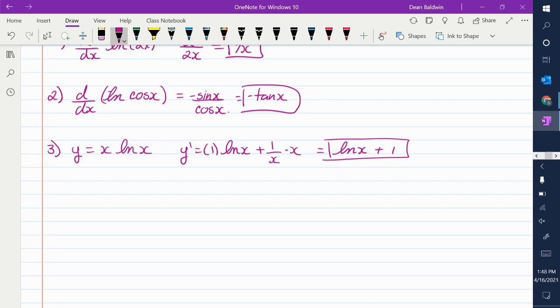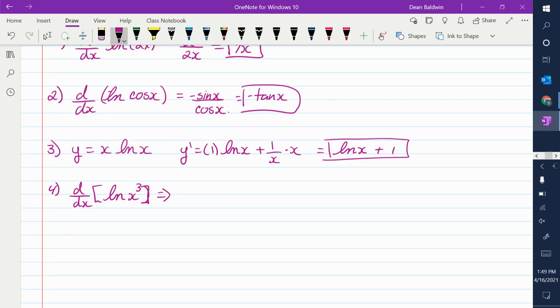Okay. So you can make your life easier too using the log rules. If I ask you for the derivative of natural log of x cubed, what can you do with an exponent in a log? You can bring it down.